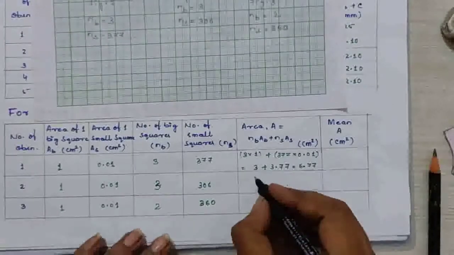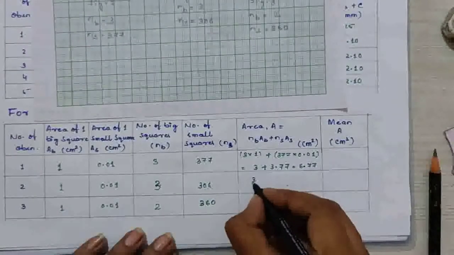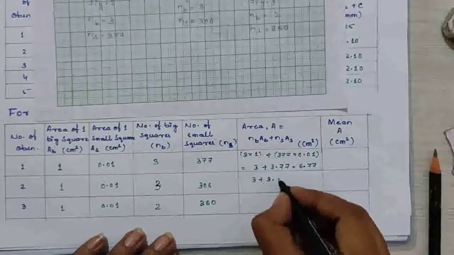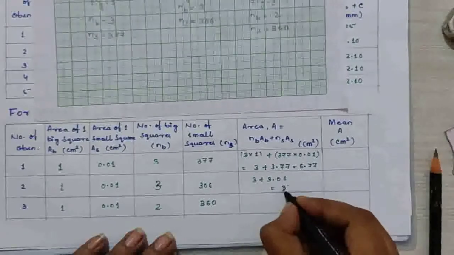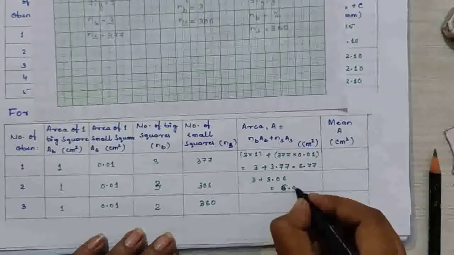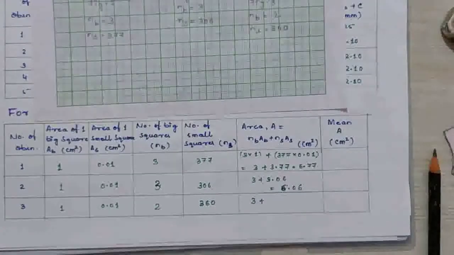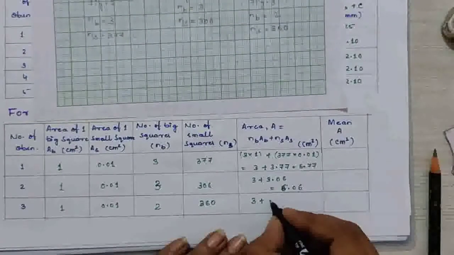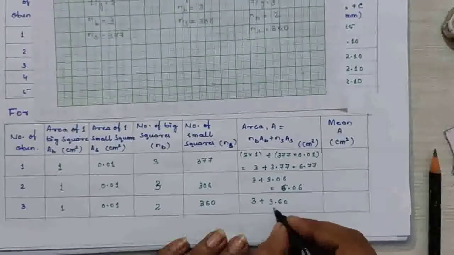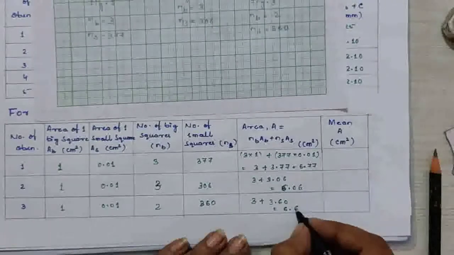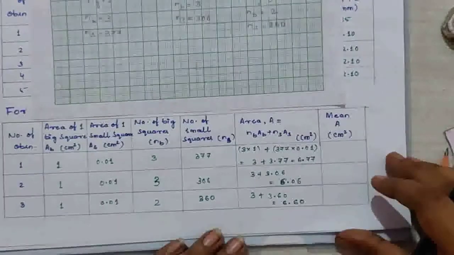Now, I can directly write it as 3 plus 3.06, so that will be equal to 6.06, and this will be equal to 3 plus 3.60, that will give us 6.60 as the area.